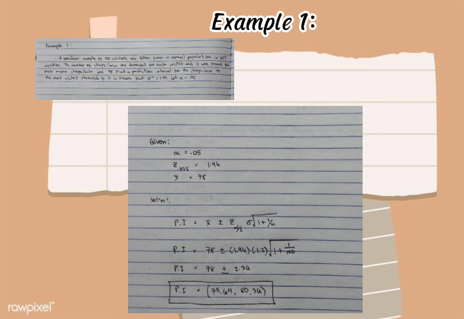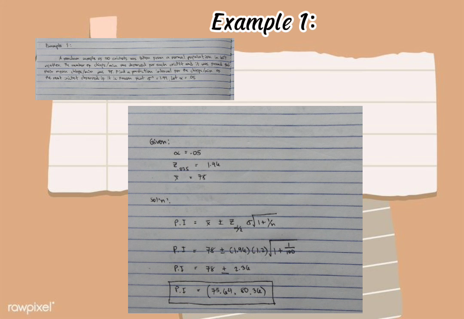Since sigma is known, the formula we will use is the z-score one. Since alpha is 0.05, creating a 95% interval, our z alpha over 2 is z sub 0.025, which we know to be 1.96. And we have the sample mean, which is 78.